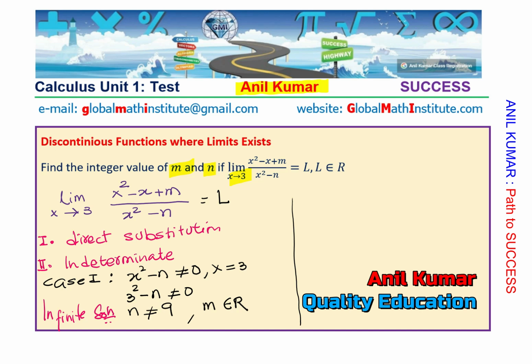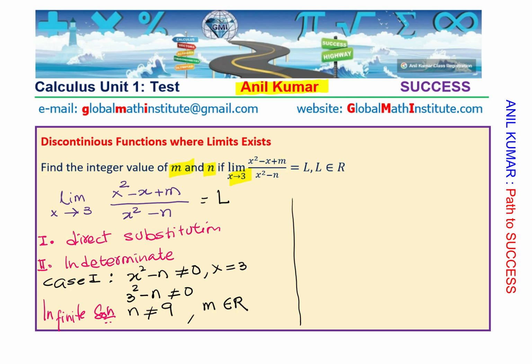And for those all values, m could be anything. You get the whole set, right? So basically, we have n, m any values where n is not equal to 9. Perfect. Okay. Now let's consider case 2. So I hope this part is clear, right? So that is where students got wrong. So infinite solutions to this problem was missed.